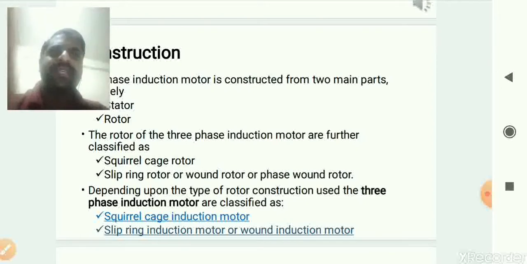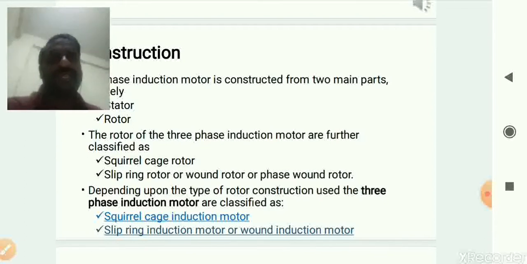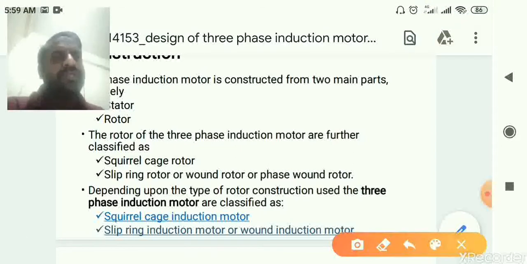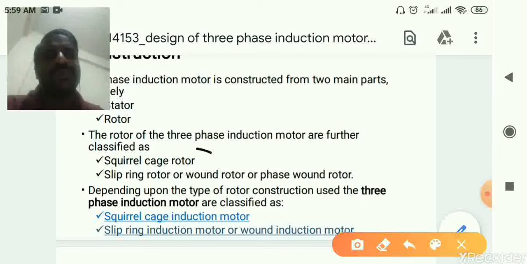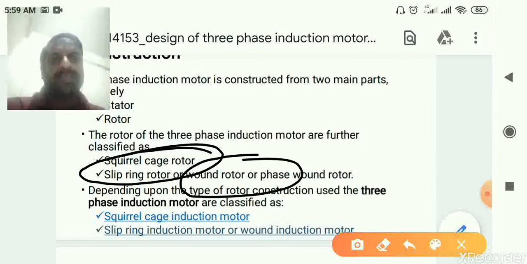As the name indicates, the stator is the stationary part of the machine, and the rotating part is called the rotor. Again, the rotor is usually classified into two categories. The first is called the squirrel cage rotor, and the other is the wound rotor, or slip ring rotor.